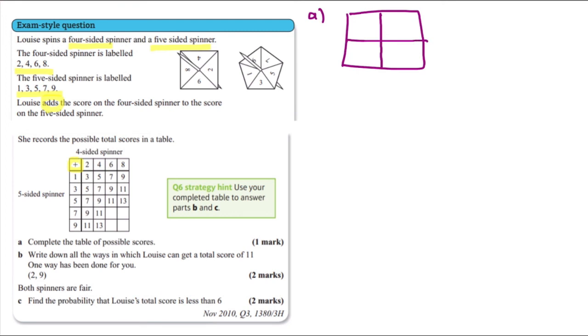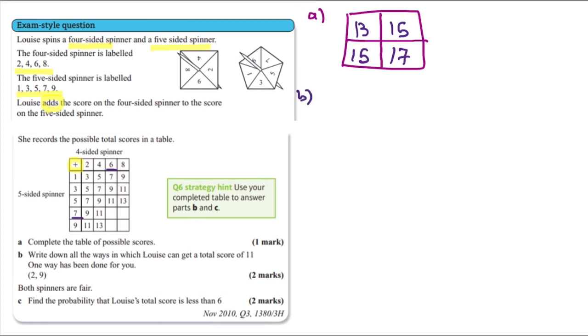We have 7 and 6, and when you add them together it is 13. Then 7 and 8 would be 15. Then 9 and 6 would be 15. And then 9 and 8 would be 17. So we have got part A, filling in the table with the possible scores.